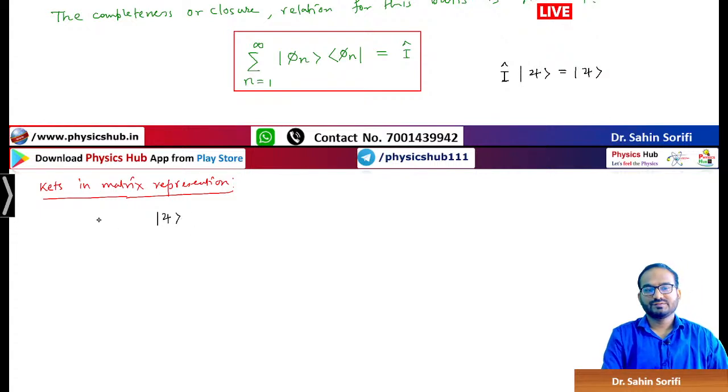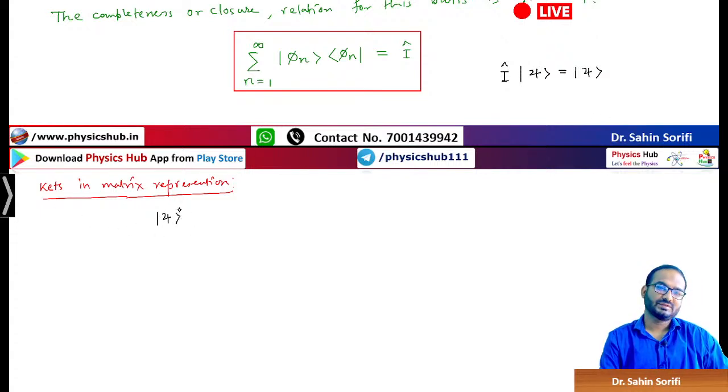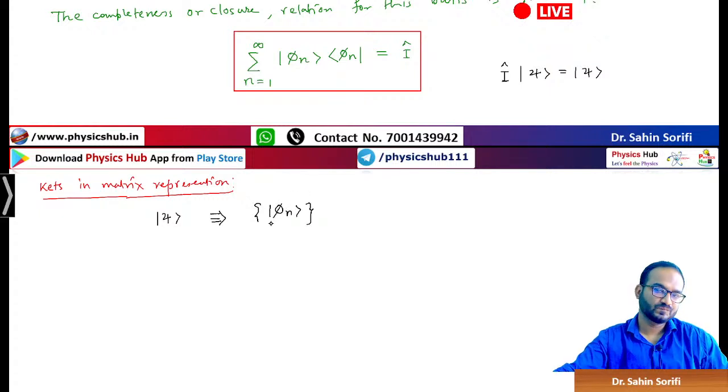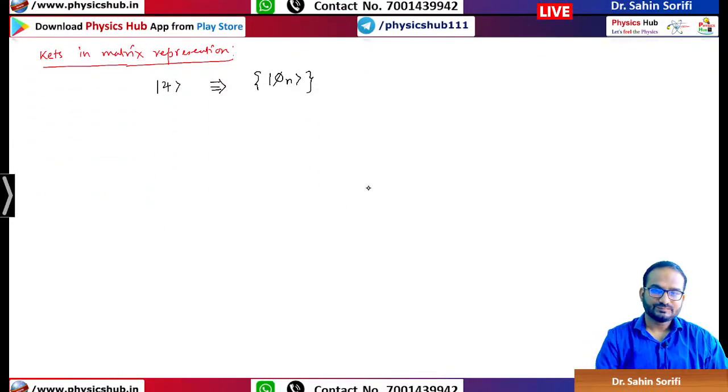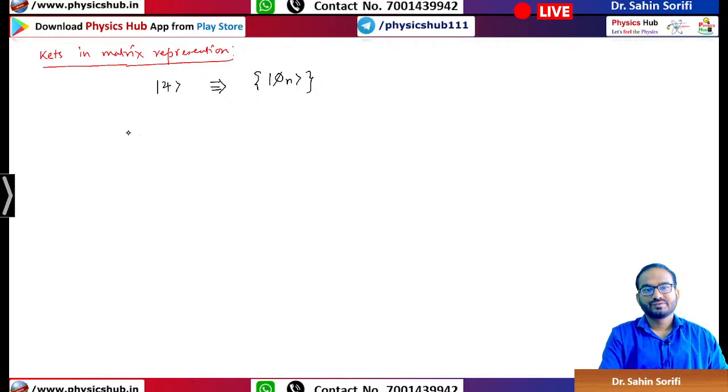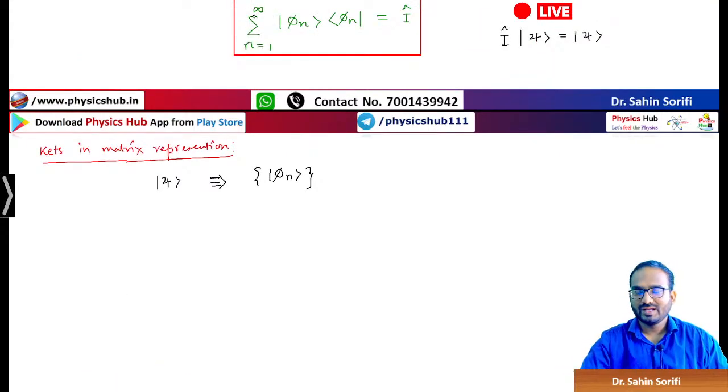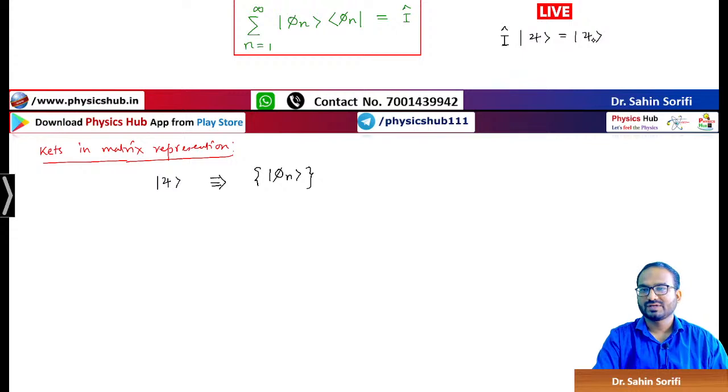Let's say this is the ket psi, and we want to represent it in this complete basis phi n. Look, I applying on psi gives you psi, so we can represent ket psi as I applying on psi.